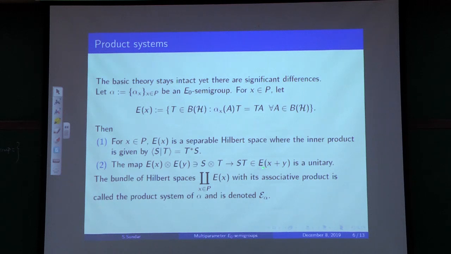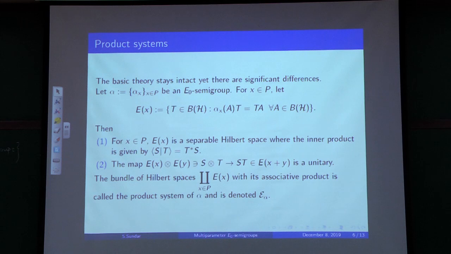So this Hilbert space is in fact the tensor product Ex tensor Ey. So given any E0 semigroup, you have this bundle of Hilbert spaces. For every x, you have the intertwining space Ex. And this bundle is not just a bundle, it has more structure, it has a product structure. So it's a field of Hilbert spaces which has a product structure. That is called the product system associated with alpha.